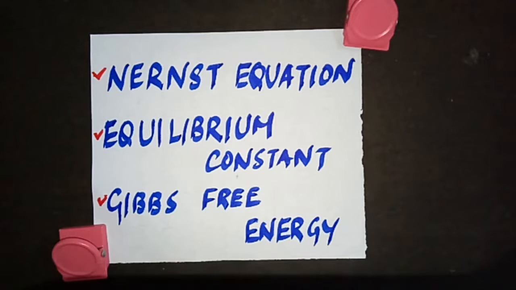If they are different, then the electrode potential of the electrode and also the EMF of the cell will differ. So to calculate the EMF of the cell and the electrode potentials when the concentration of the solution is not 1 molar, we use the Nernst equation. Now let's see how to derive the Nernst equation and how to do problems based on it.